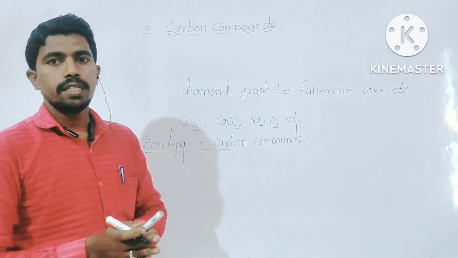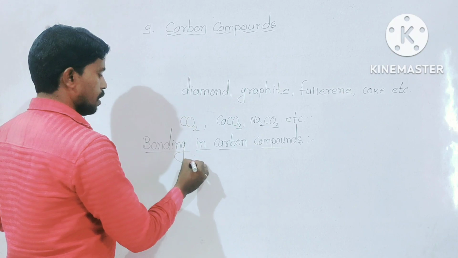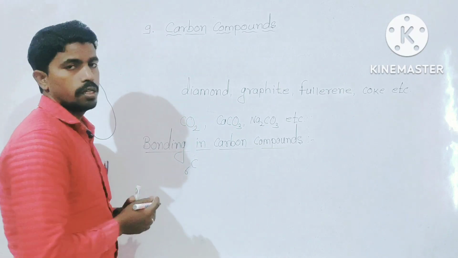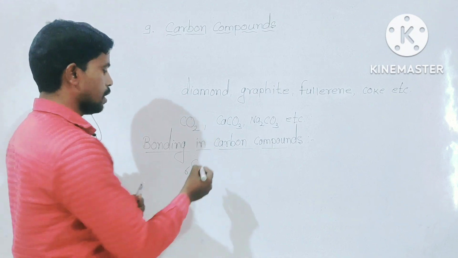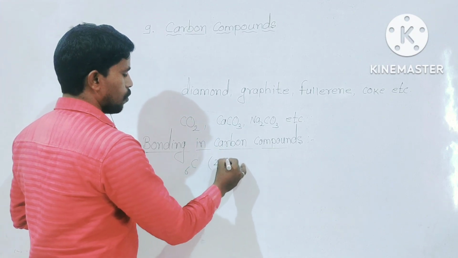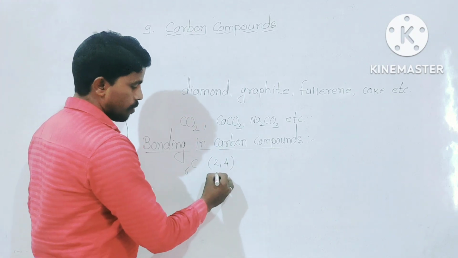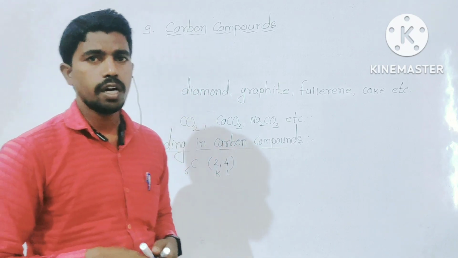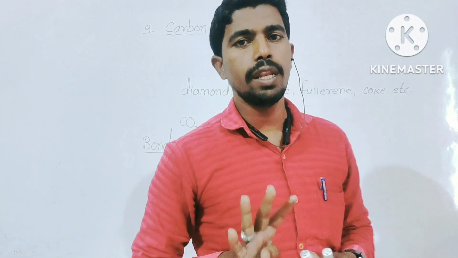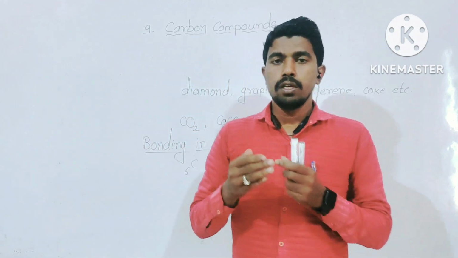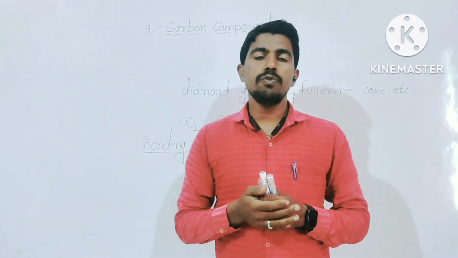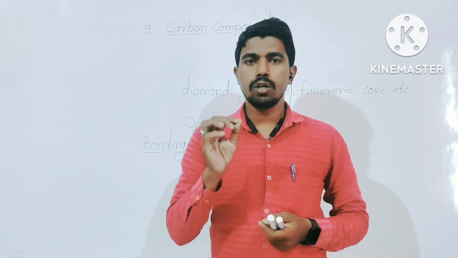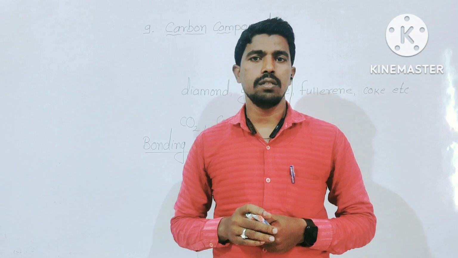Carbon is represented by the capital letter C and its atomic number is 6. Its electronic configuration is 2, 4. This is the first shell, K shell, and this is the L shell. The L shell of carbon contains only 4 electrons and it can neither donate 4 electrons nor accept 4 more electrons to complete its octet.